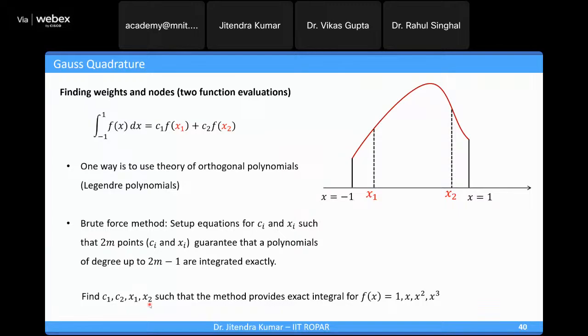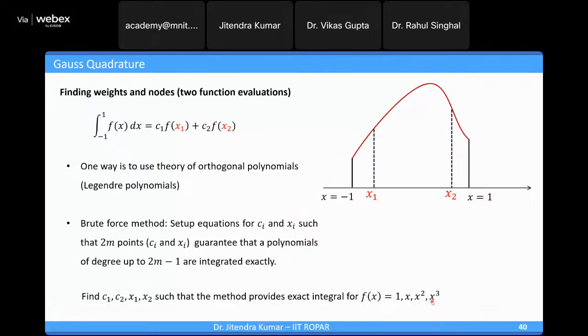The idea is explained for just this simple case, but you can extend it for more points. So C1, C2, X1, X2 are such that the method provides the exact integral for 1, the constant. It should provide exact integration for x, for x squared, and for x cubed.